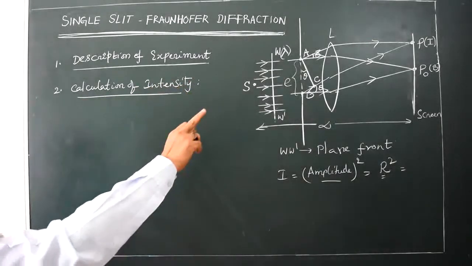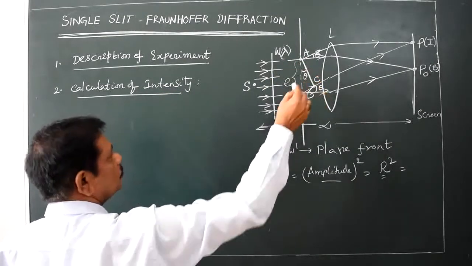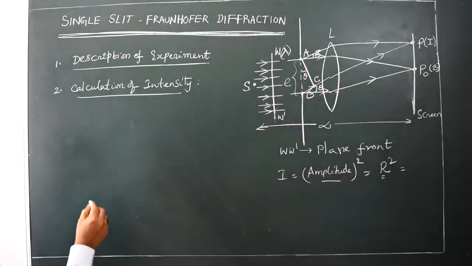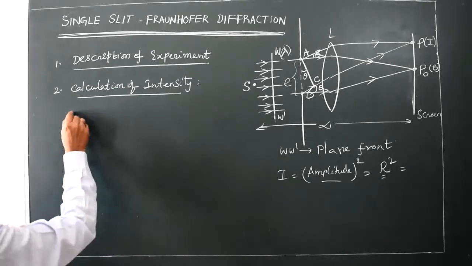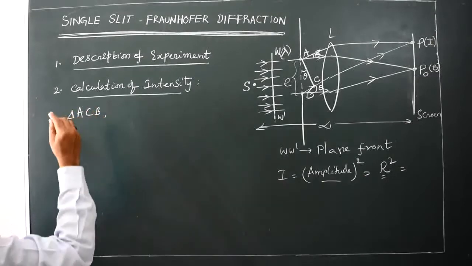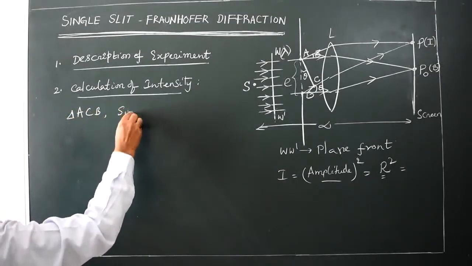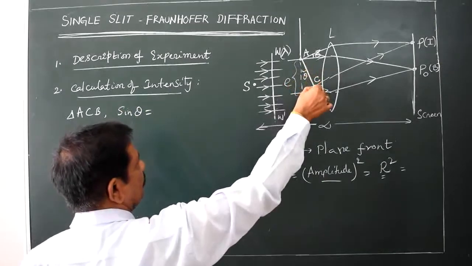To calculate intensity at the point P, draw a normal from A onto B as AC, and then from that triangle ACB we can write sin theta is equal to the opposite side.